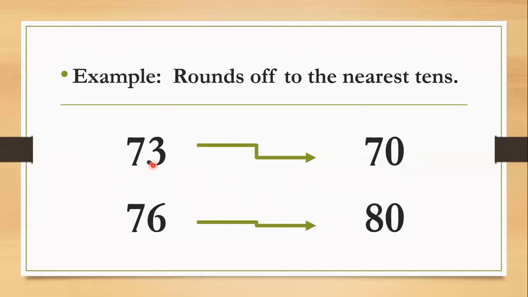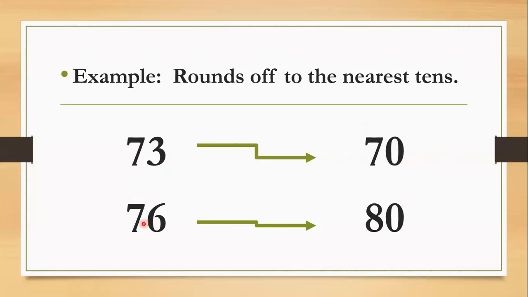Is 3 greater than 5 or less than 5? Yes, it is less than 5. So you are not going to add 1 to the 7 digit. It will remain as it is. So it will remain 7, and we will replace 3 by 0 and it will become 70.